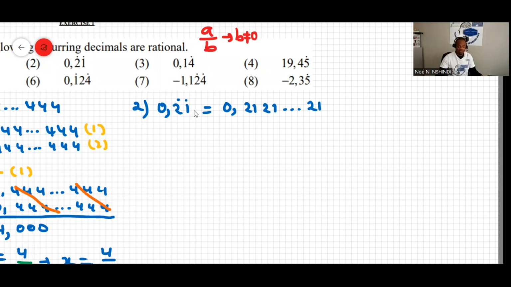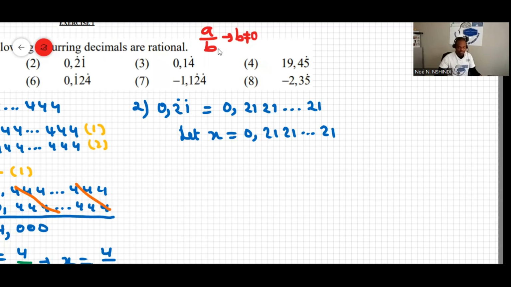Now I'm going to do a similar process as before. Let x equal 0,2121 dot dot dot, and I call this equation 1. I'm trying to prove that it is in the form A over B. Because there are two digits recurring, I will multiply by 100, not by 10, because two digits repeat.